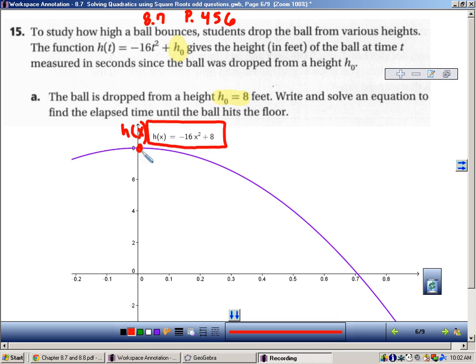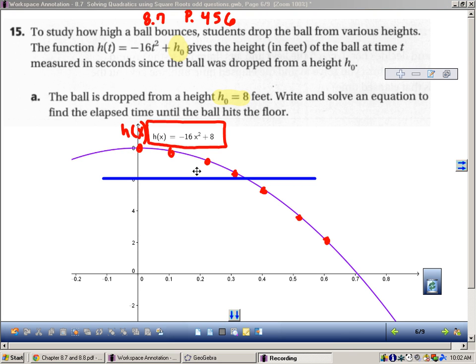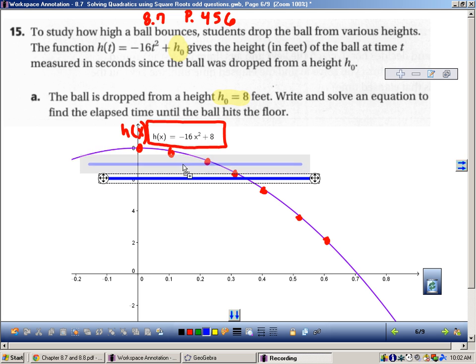So the ball is dropped at 8 feet. And you'll notice that time marches on. And the ball, this isn't the path of the ball per se, but it's the height of the ball at a given time. You see that? So the height of the ball is changing. And if I were to draw a horizontal line here representing the height of the ball, see it?